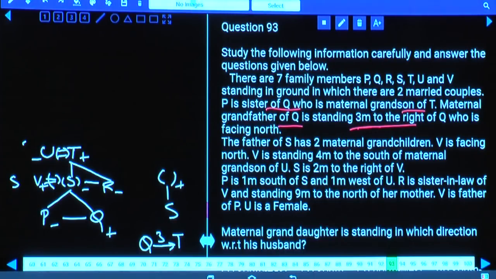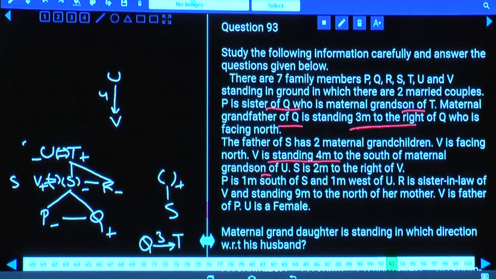V is facing north. V is 4 meters to the south of U. Tell me how to write this one. If you take U at this place, V is how many meters, to the south of whom? V is 4 meters to the south of U. Hence V must be here, standing 4 meters to the south of U. V is standing to the south of the maternal grandson of U. And who is the maternal grandson of U?